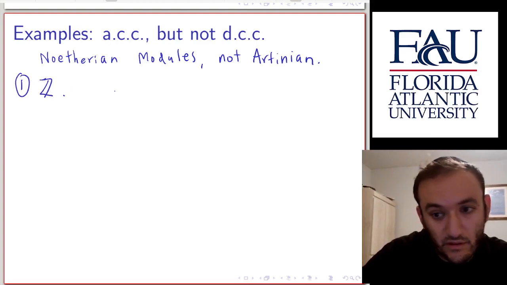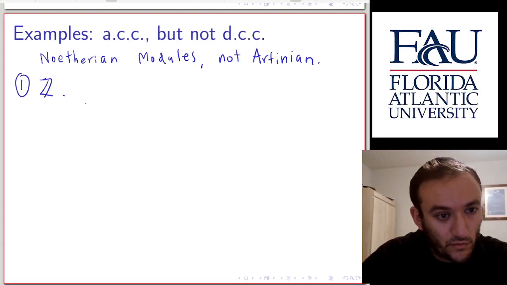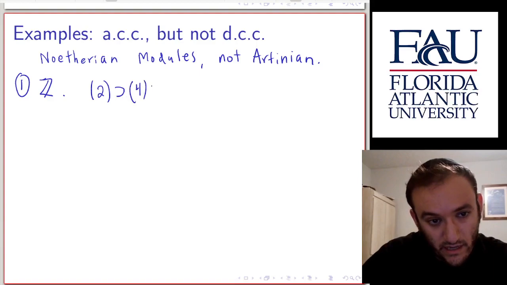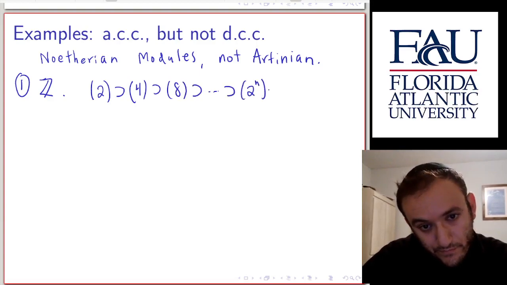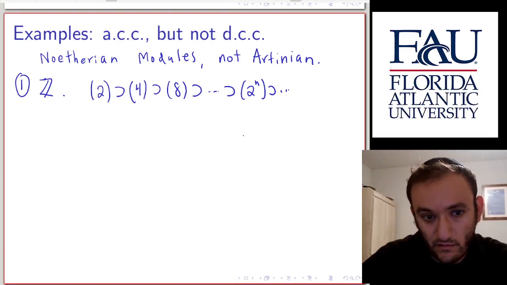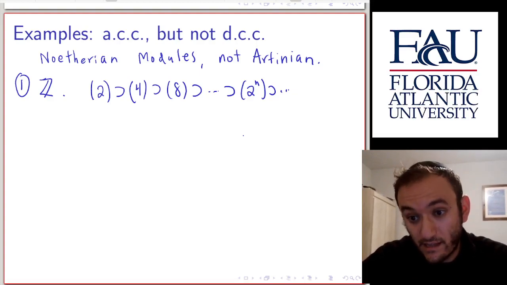An example of a descending chain which is infinite would be 2 contains 4 contains 8, etc., 2 to the n. This chain of submodules of Z, which are ideals of Z, are getting smaller and smaller, but at no point does it stabilize. The sequence is not stationary.